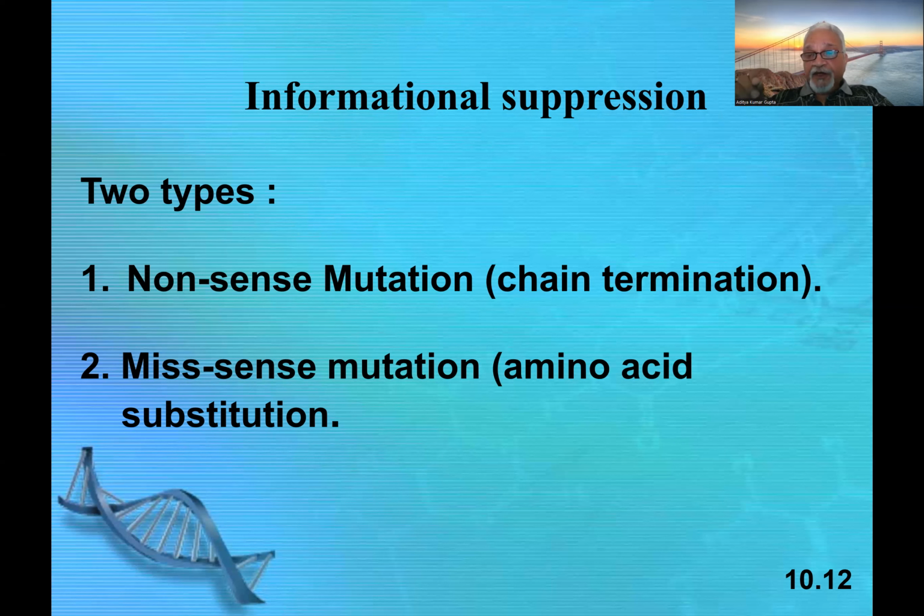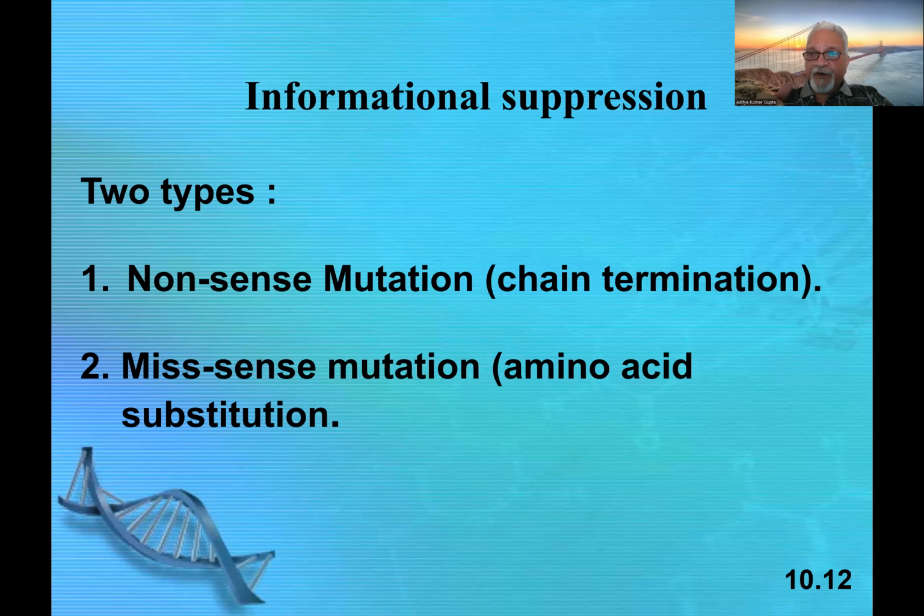Nonsense mutation is a mutation in the gene which results in the premature termination of the protein or the amino acid chain. It results in chain termination of the translated product.